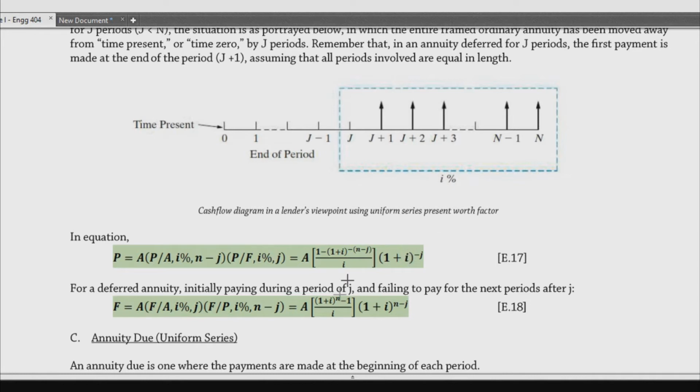So ang ibig sabihin lang nito, halimbawa 3 years ka hindi nakapagbayad, so yung principal mo multiply siya sa 1 plus i raised to 3 kasi yun yung kanyang simple interest rate, and then ito ngayon yung ating gagamitin to find the annuity or probably the future worth kung yun yung kailangan mo within the period na natira dun sa iyong payment. So ganun siya ginagawa.